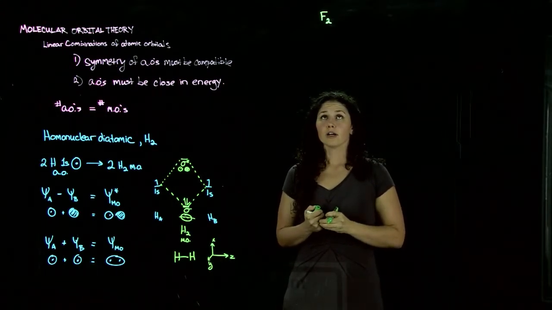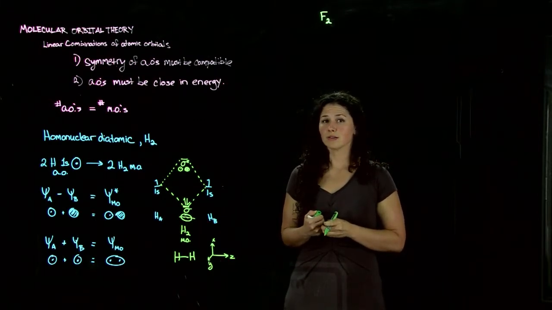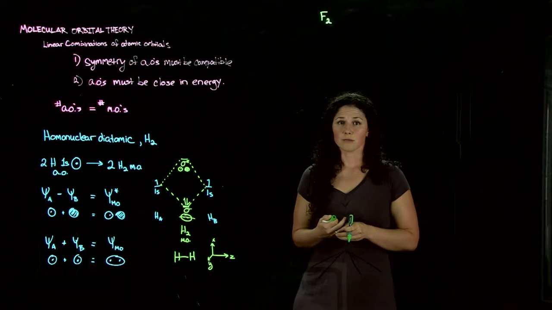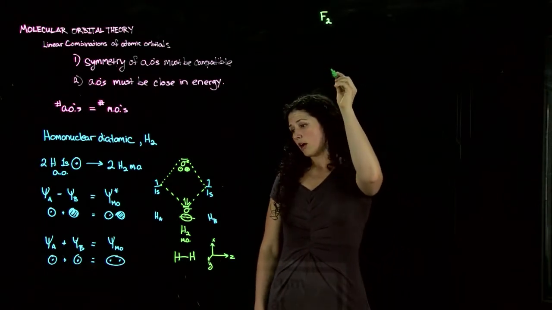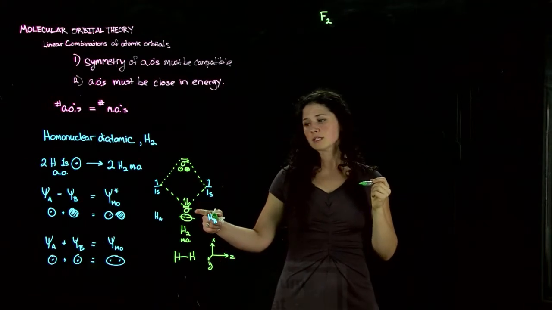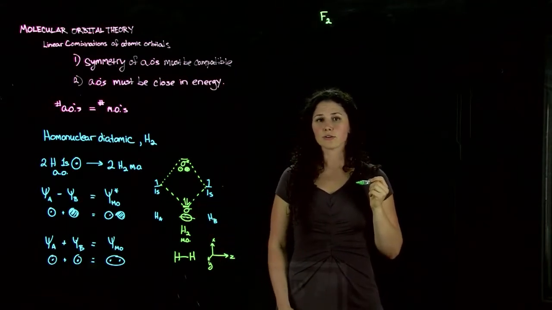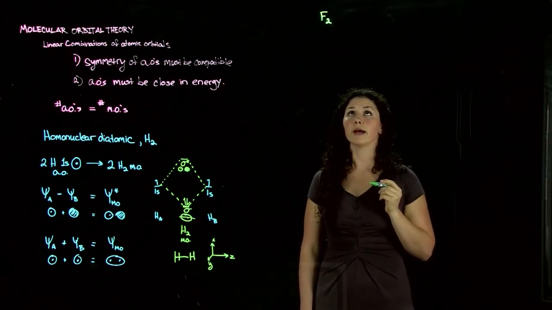Of the orbitals in fluorine, we're only going to focus on the valence orbitals, because those are the ones that we really think of as contributing to bonding. And all of those valence orbitals are going to be considered here. The 2s orbital on fluorine is going to combine in a really similar way as the hydrogen 1s orbitals did, so I'm not going to draw those right now. But I want to talk about how the p orbitals are going to combine.